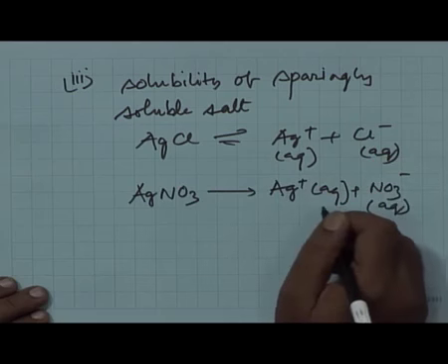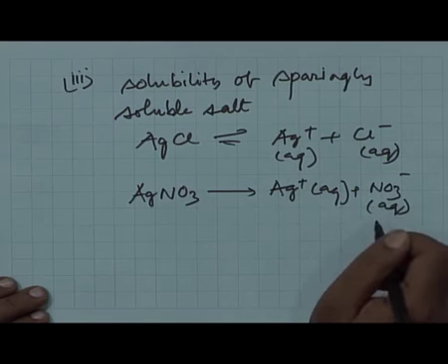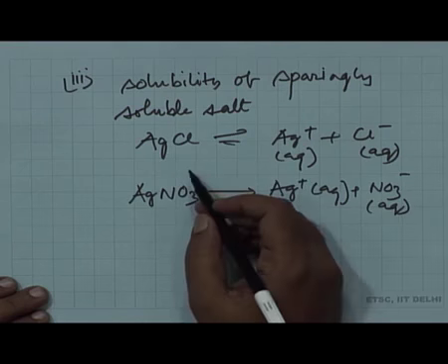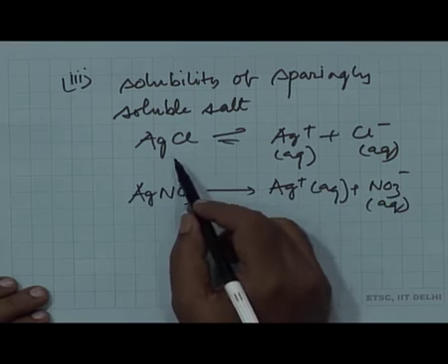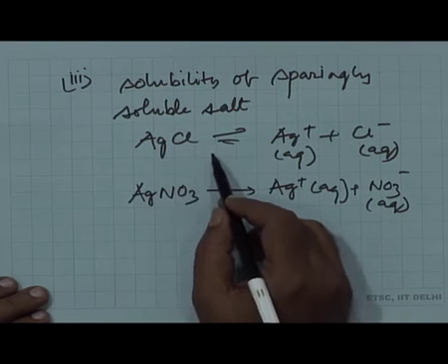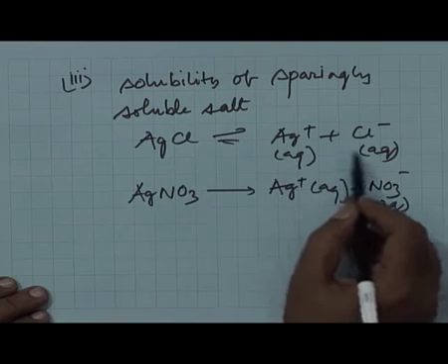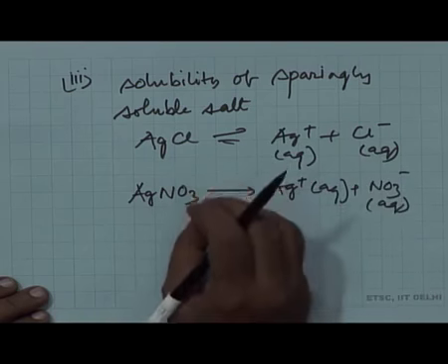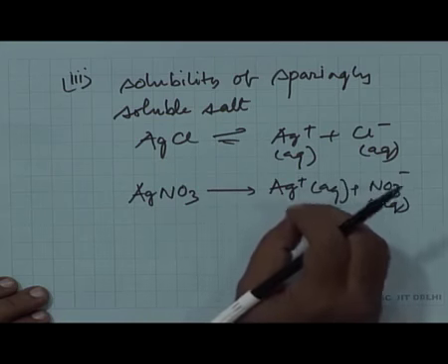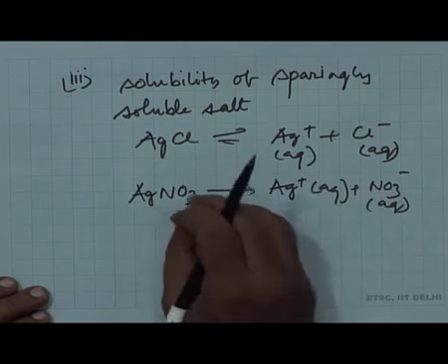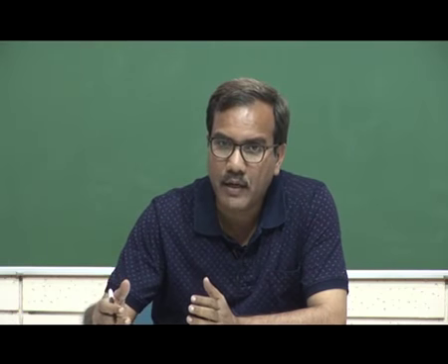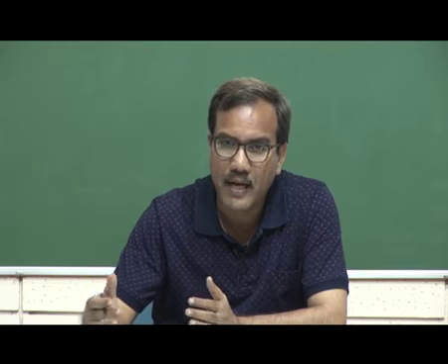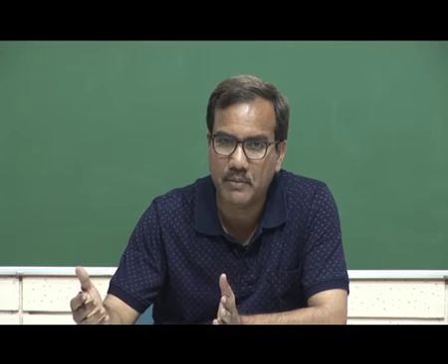Whereas, if I take another salt AgCl, this is a sparingly soluble salt, and it will give you Ag plus aqueous plus Cl minus aqueous. So, only a small amount of AgCl will go to solution, whereas almost all AgNO3 will go to solution. So, now we know how ions are generated and when we can apply the concept of equilibrium.